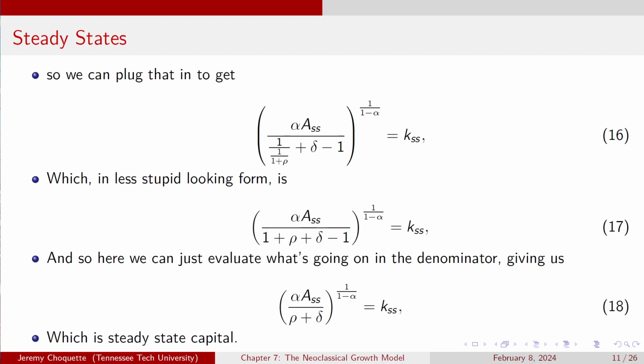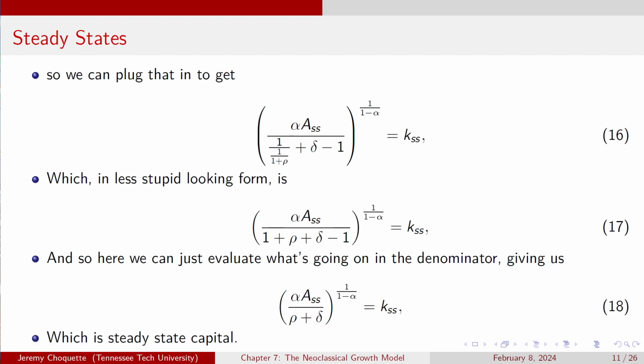So if at any point in a homework, which will come sort of soon, or at any point on an exam, it's covering the neoclassical growth model and it's asking for steady state capital, I'm telling you right now, it's equation 18.